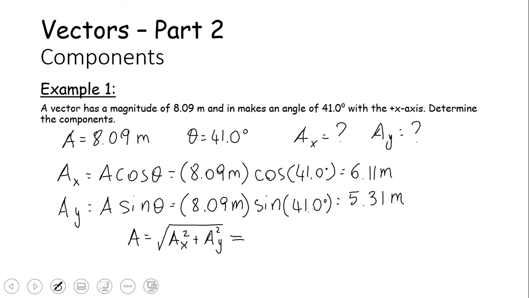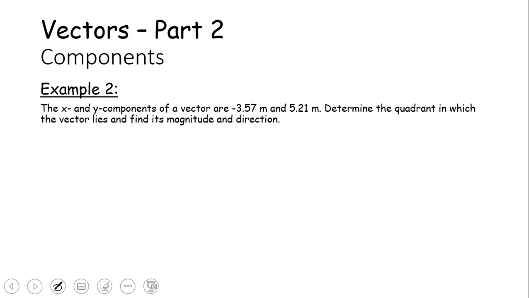Now let's move on to a second example in which we're given the components x and y of a certain vector, and we have to determine first of all the quadrant in which the vector lies and then find its magnitude and direction. It really helps when you do a problem like this to draw the vector.